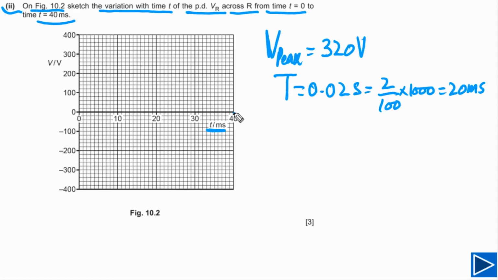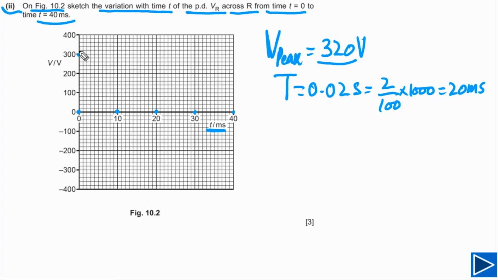It means that in 40 milliseconds we have 2 cycles, or we can say after every 10 milliseconds there is 1 half cycle. First of all, let's sketch the sine curve, the sinusoidal curve. Then we will sketch the half wave rectification curve. As the peak voltage is equal to 320, we can mark the peak value. In 1 half cycle we will have 1 peak value.